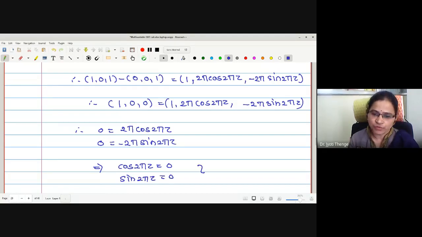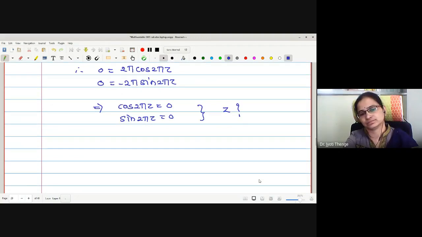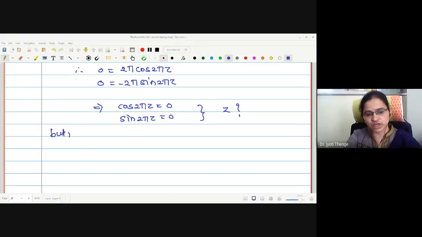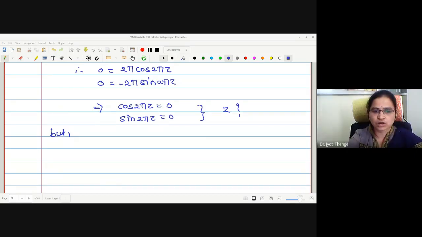But can you find a value of z in such a way that both sine and cosine values are 0 simultaneously? Is it possible to have sine and cos 0 simultaneously? No, it is not possible.